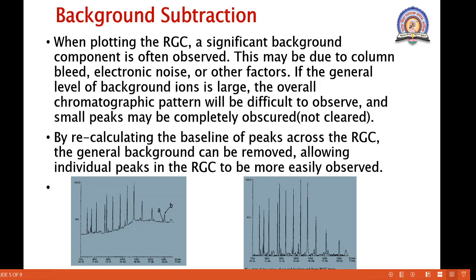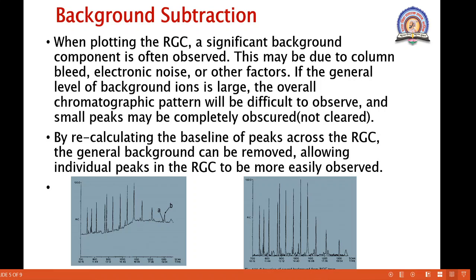This background observed in the spectra can be subtracted to get a clear spectrum, and that is background subtraction. If the general level of the background ion is large, the overall chromatographic pattern will be difficult to observe, and small peaks may be completely obscured, meaning not clear.